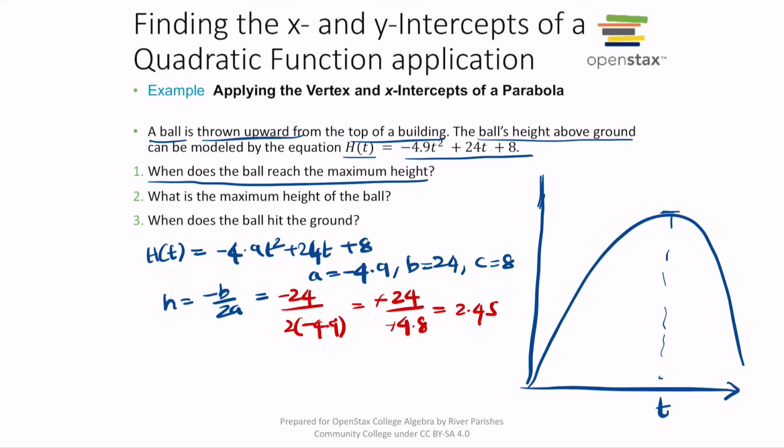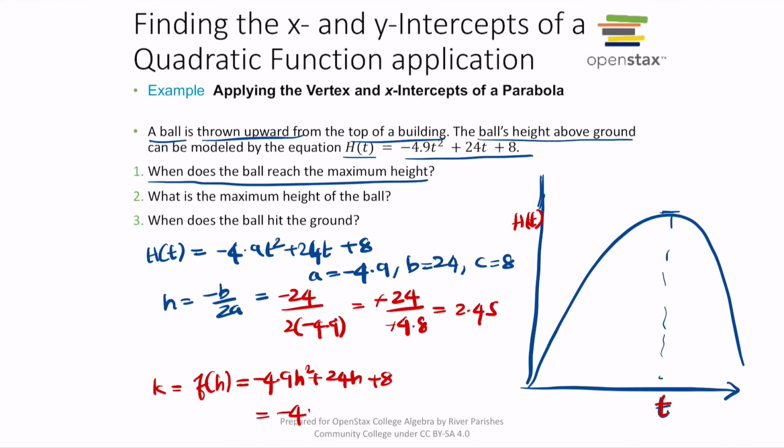Notice that this is a graph of t and h of t. So which basically means that the h value that you found is the exact time for that one. So we are basically finding k here. So k here becomes f of h, which is -4.9 h square plus 24h plus 8.